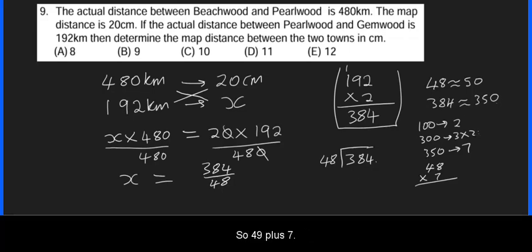So 49 plus 7, then I've got 56. Then I carry 5 in there. Now 7 times 4: 7 times 3 is 21 plus 7 is 28, plus 5. And then I've got it to 3.